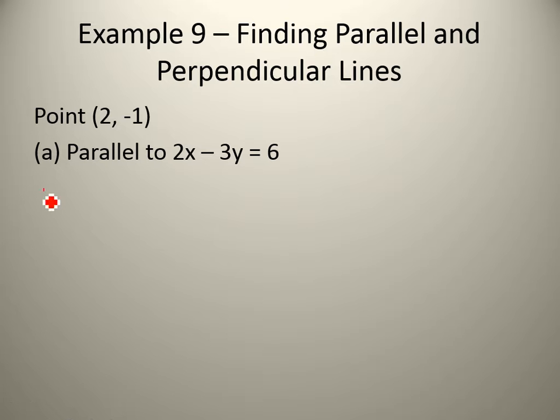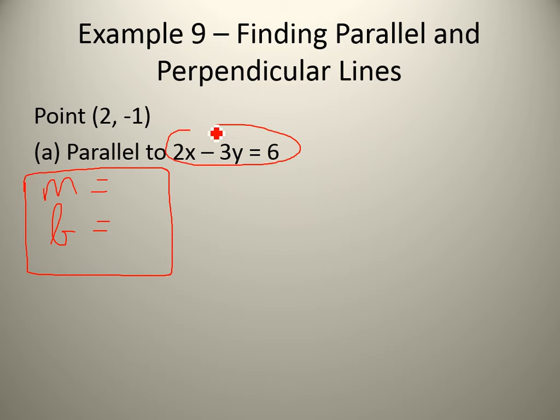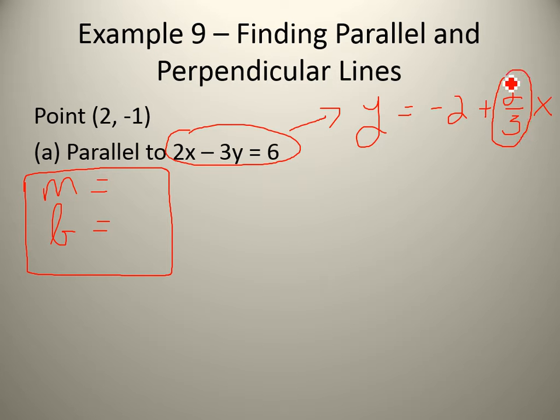So just as we talked about before, I'm going to start off with this first, which is the M in the B box, because these are the two things that I gotta know in order to write the equation for the line. So if you have this equation here in slope-intercept form as y equals negative 2 plus 2/3 x, and we're talking about the line that's parallel to this, well, the slope of this original line is 2/3.